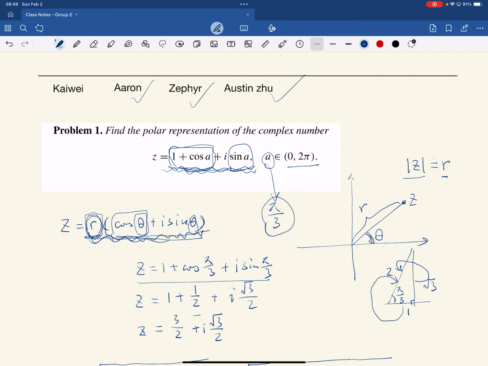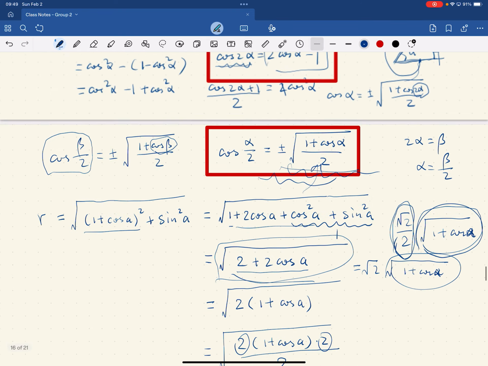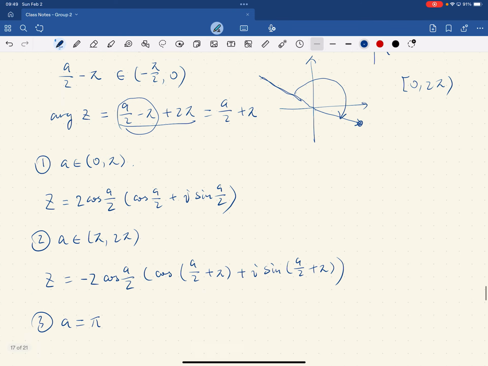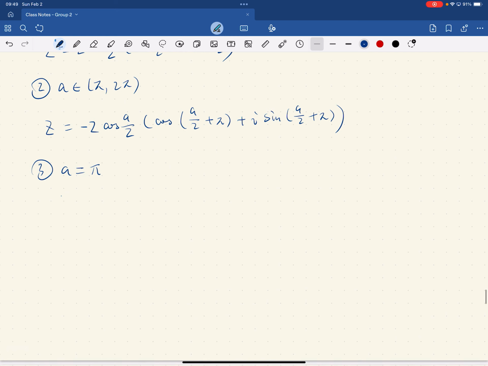So 1 plus -1 is 0, and sine pi is 0. So in this case, z equals 0. And when z equals 0, it does not have a trig representation. So this one is special.